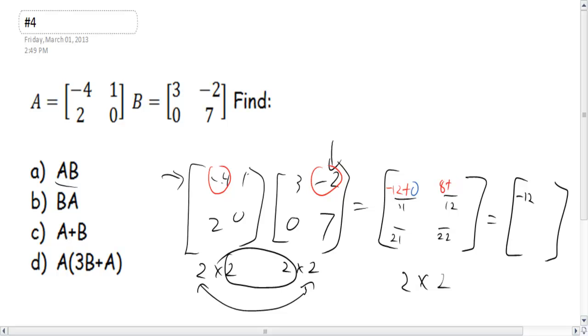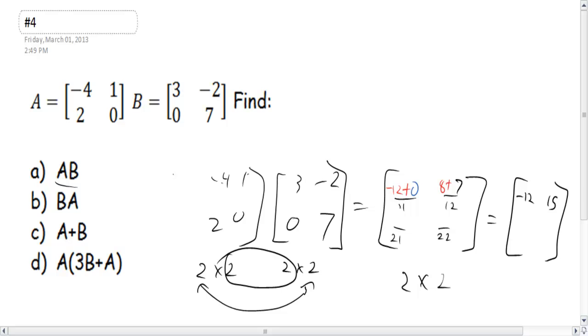Then moving across, 1 and 7 makes +7, which gives the answer of 15. When I said always plus, what I meant is you're always adding the products, and if one of them happens to be negative, you treat it like a negative. We always take each pairing, multiply the numbers, then add all those numbers together.